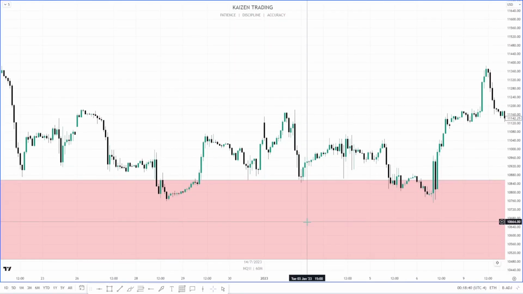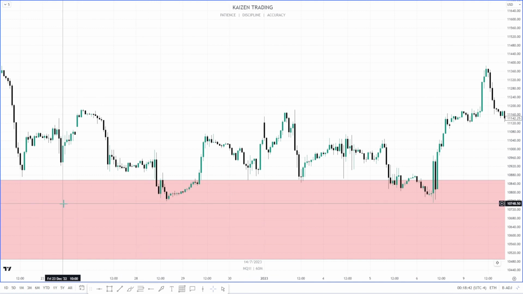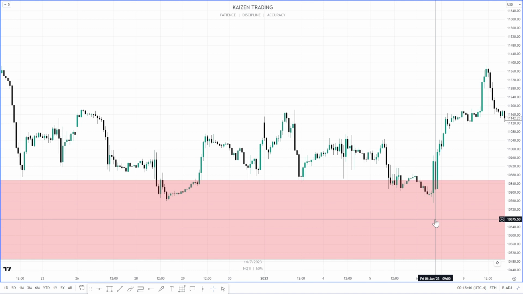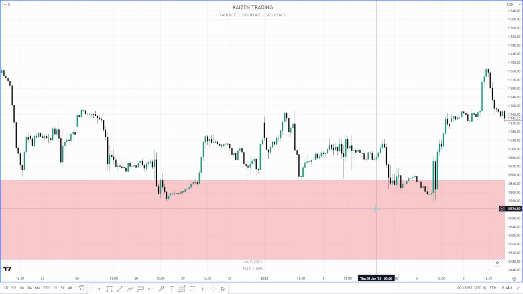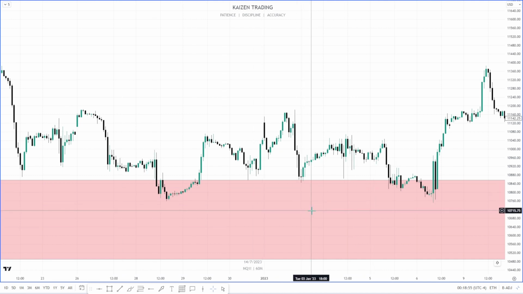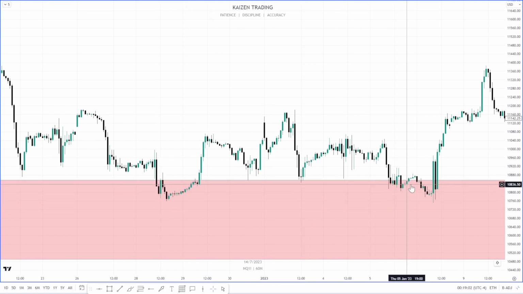All right, so here we have this area, Friday the 23rd to January 6th, and this is the 1 hour chart. Here we have our rejection block that we know a weekly rejection block is sitting right here and also a daily rejection block. So we're looking for bullish PD arrays to form anytime price dips down into this area.